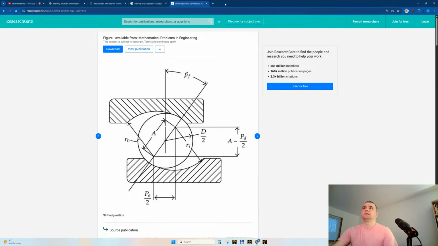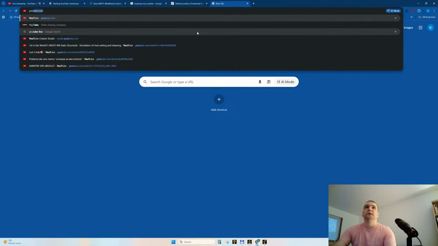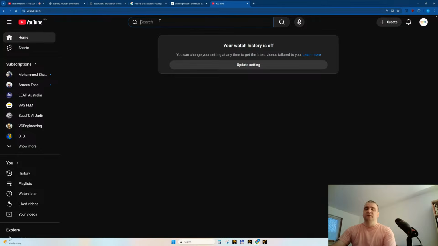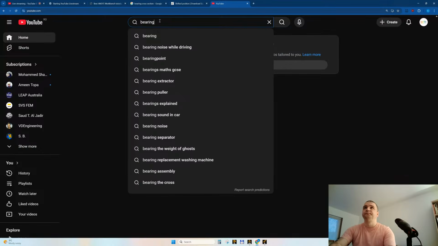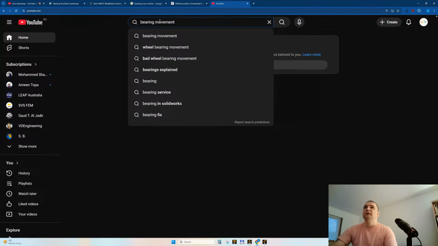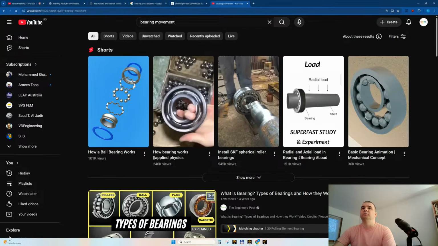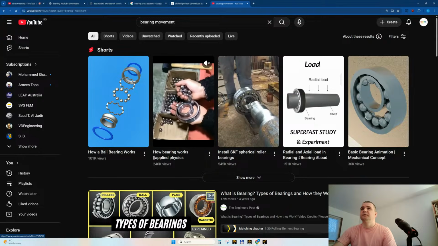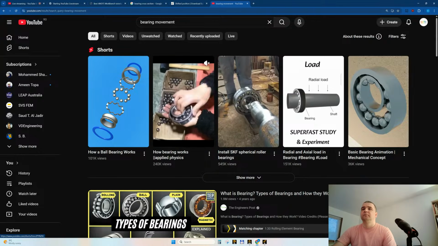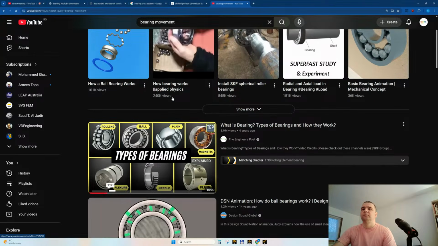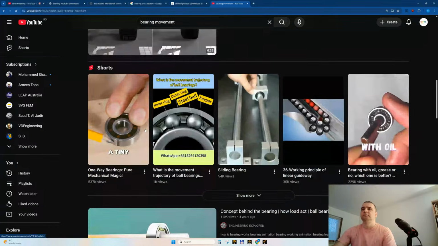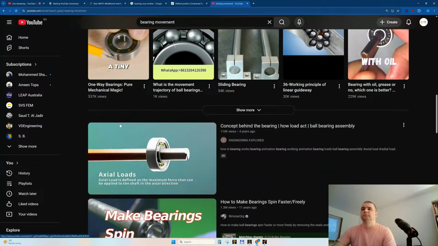Because in reality, let's see how the bearing rotates. Let's see if we find what we need, all right?